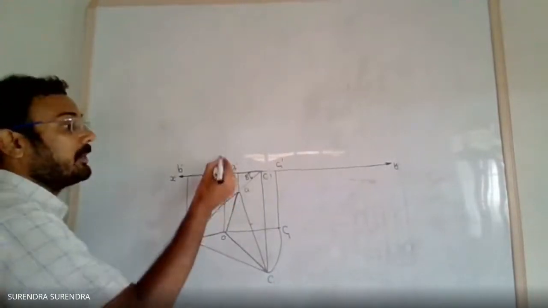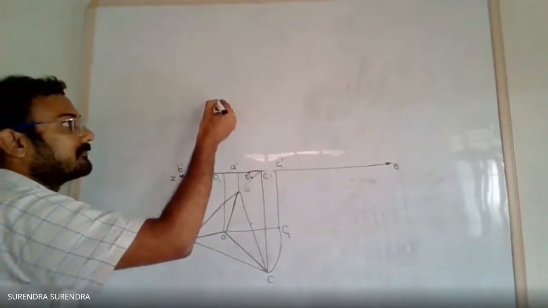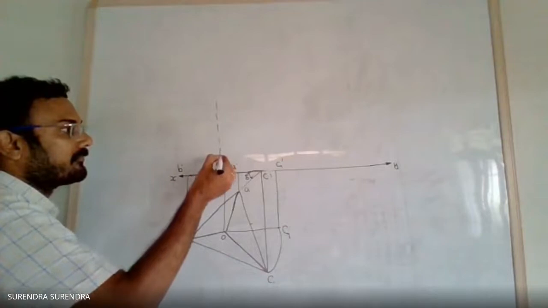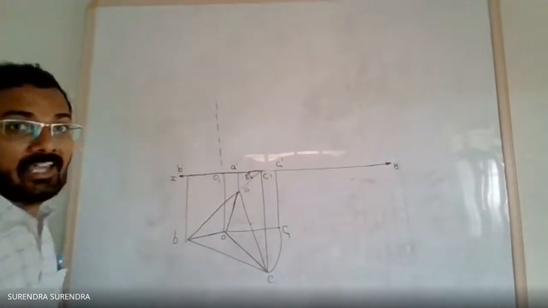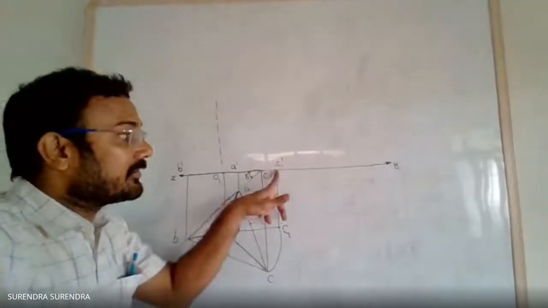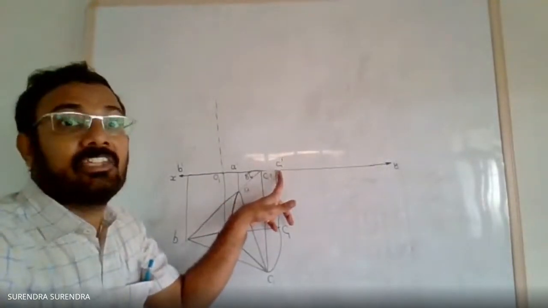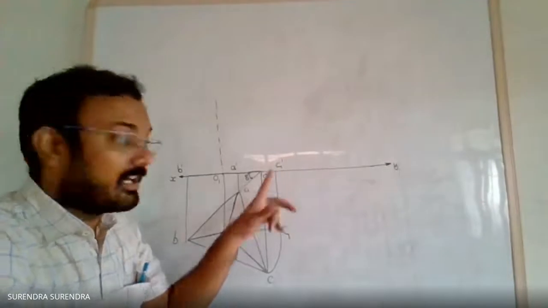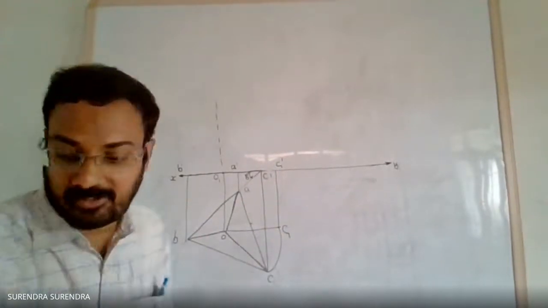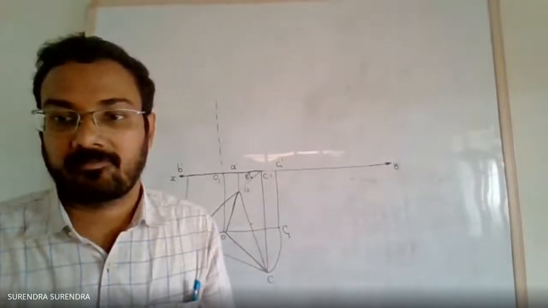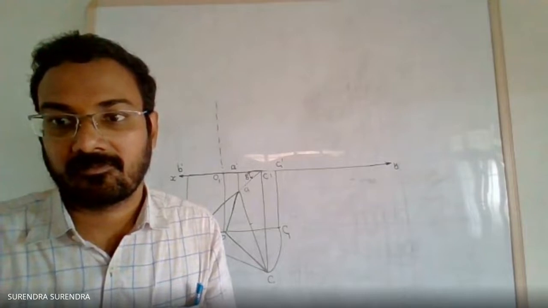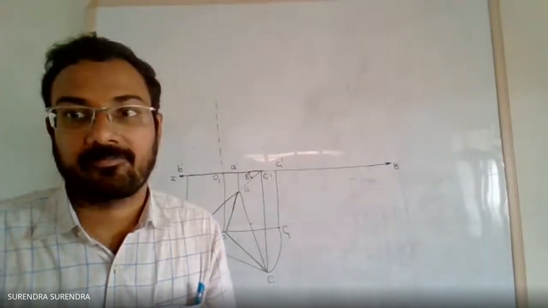Now from O1, draw an axis line, or draw a line with a 2H pencil initially. Now with C1 dash as center and length equal to the base length. What is the base length given in the problem? Side length is 60 mm.